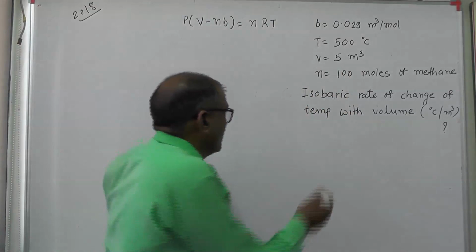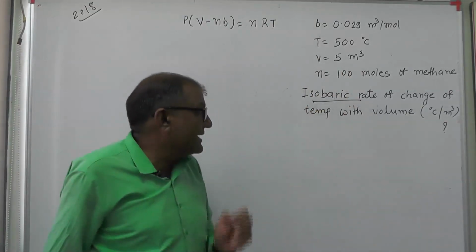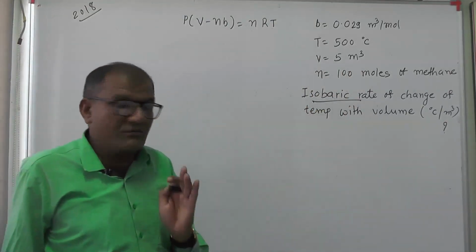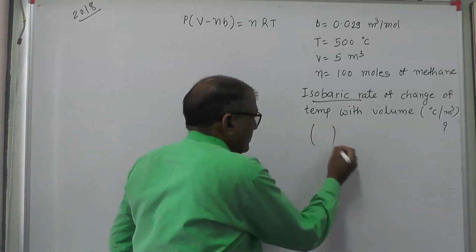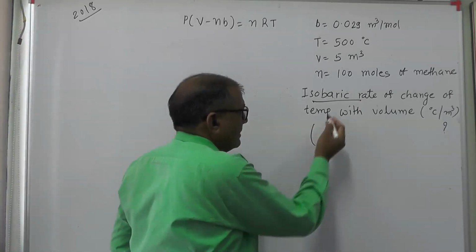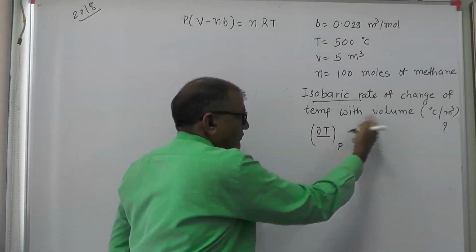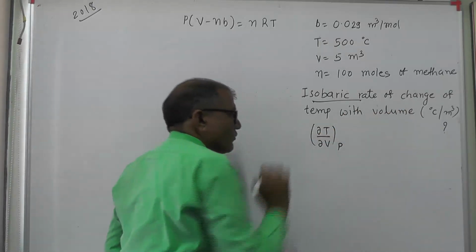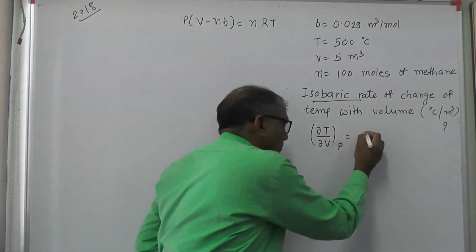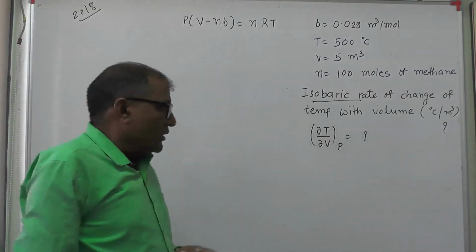We need to calculate the isobaric rate of change of temperature with volume. So ultimately I need to calculate del T over del V at constant pressure.